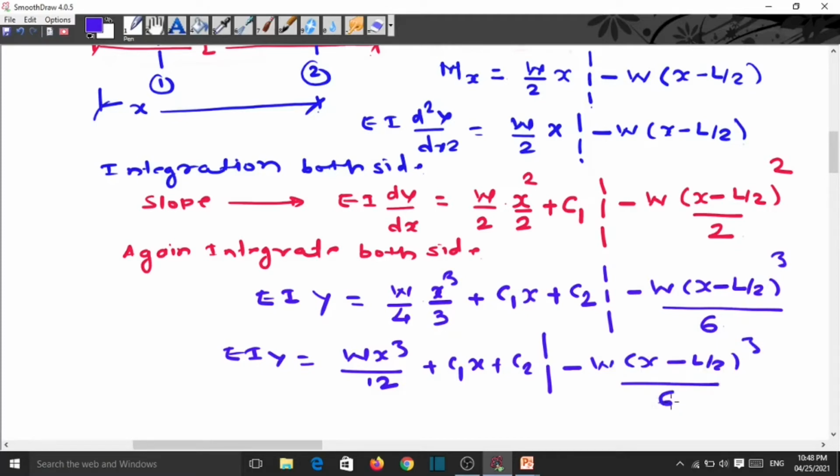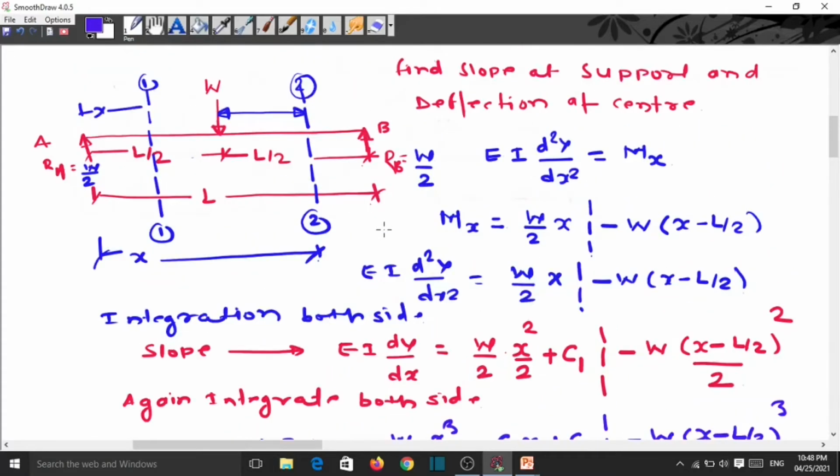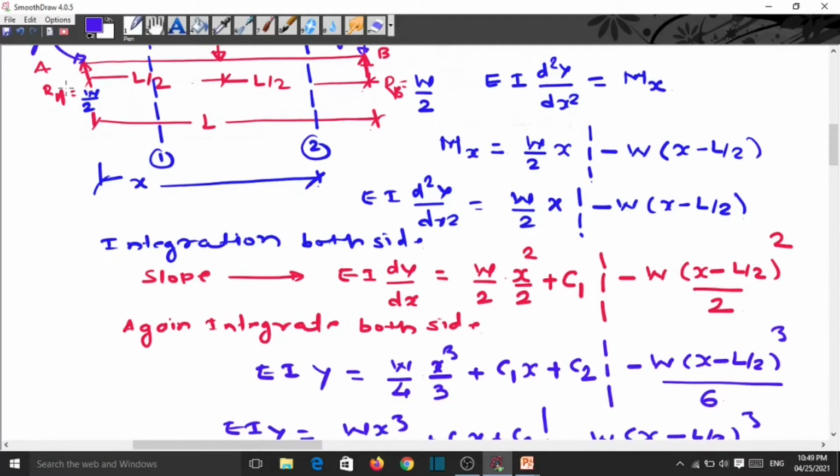Now apply the boundary conditions. Which are the boundary conditions? We know that when x is equal to 0 at A, y is equal to 0. Also at B, x is equal to L, so y is equal to 0. We have to apply these two conditions to find C1 and C2.